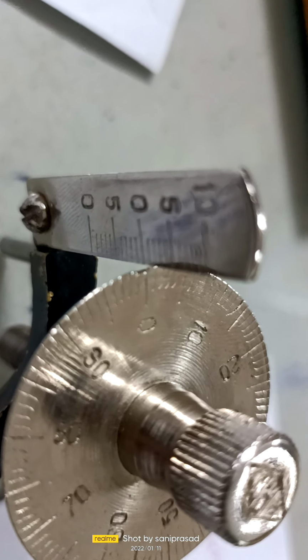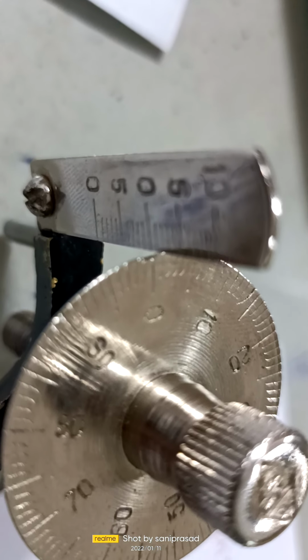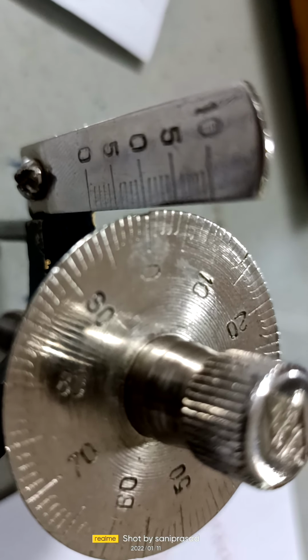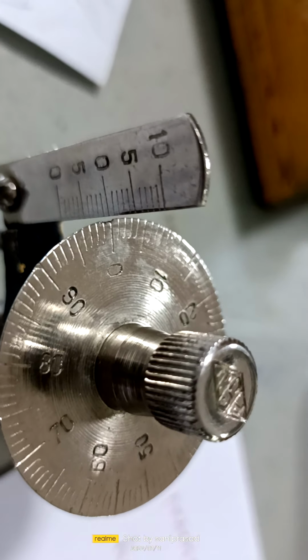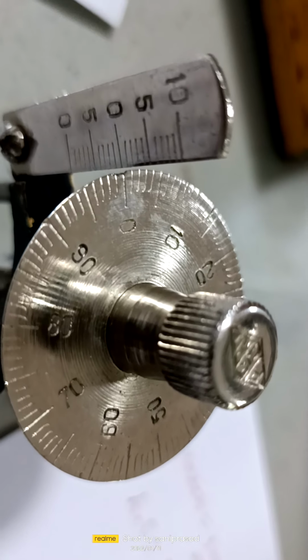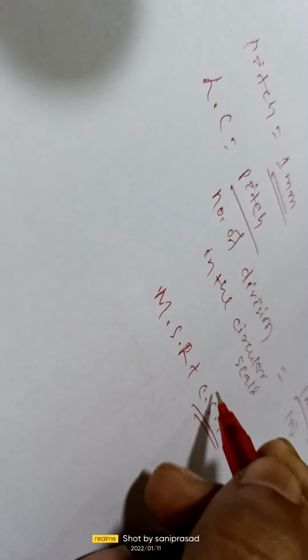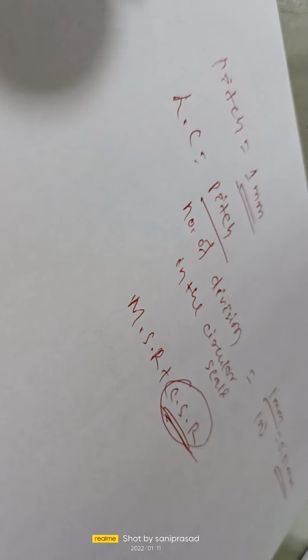The initial reading will be, now look, the circular scale reading and main scale reading are coincided with each other. Then this will be our initial value of the circular scale reading. We have to measure, as you know, MSR plus CSR, main scale reading plus circular scale reading. So first of all we have to find out the circular scale reading. How to find it out? Circular scale reading will be final minus initial.